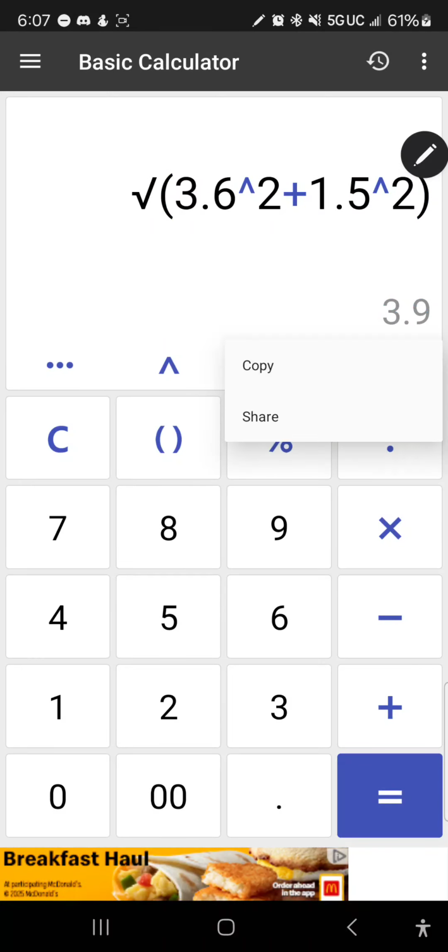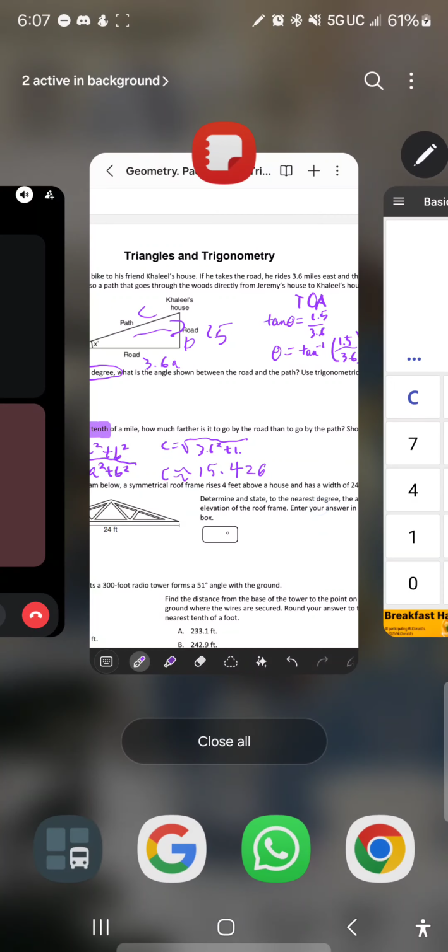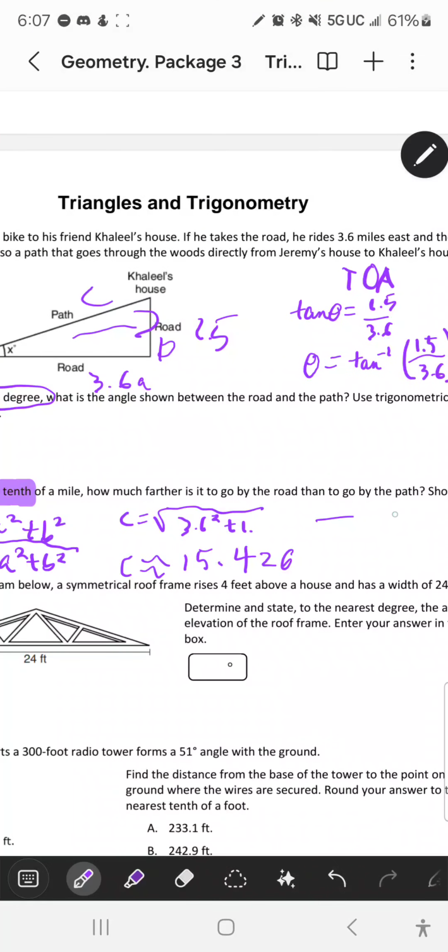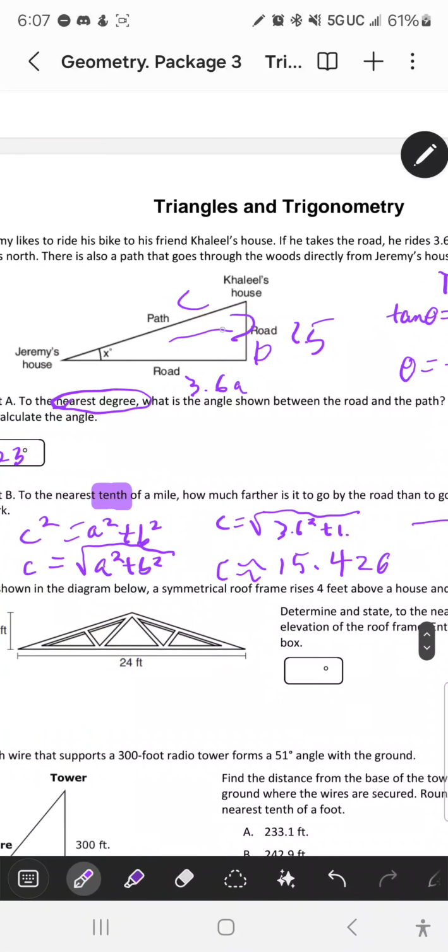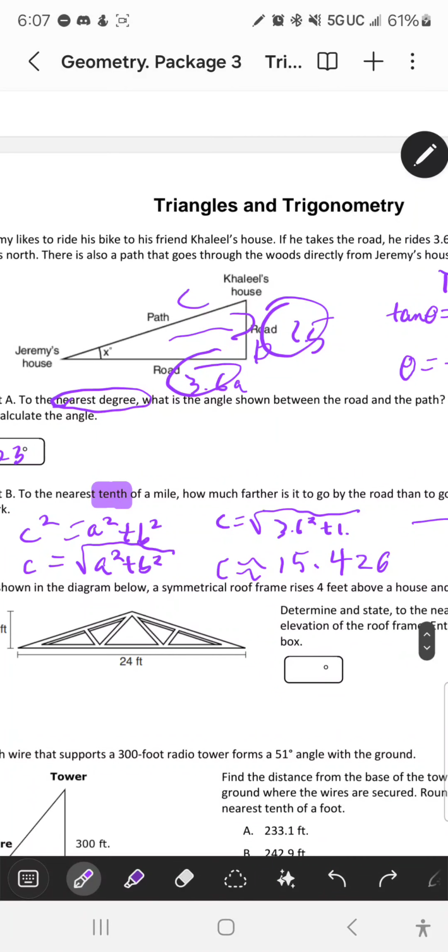Okay, now we get an exact number. This is a lot better. Every time you get a weird number, if we keep working with it, we're going to get a negative, and we don't want a negative answer. The path needs to be smaller than the sum of these two sides, so the difference is positive.